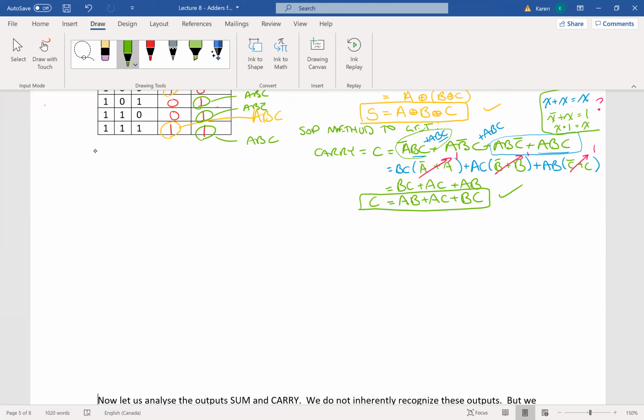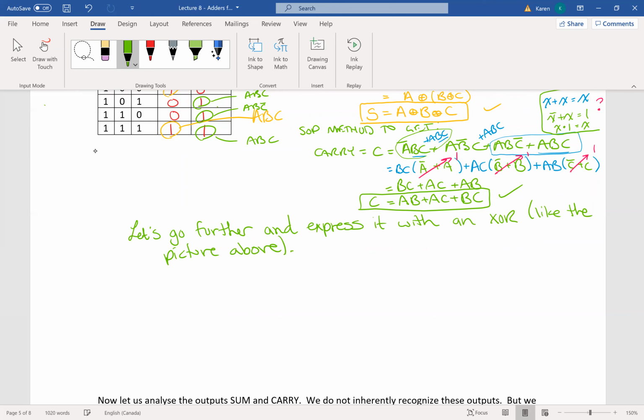So I'm going to say, let's go further and express it with an exclusive OR, like the picture above, because that's pretty common too. And then we can draw it both ways if you want to.